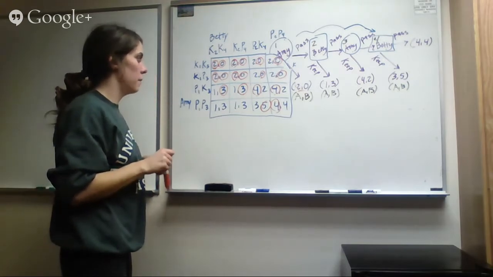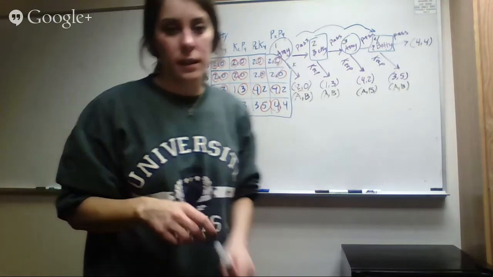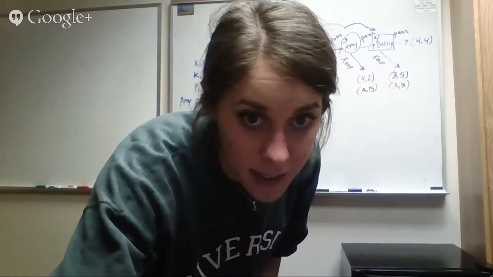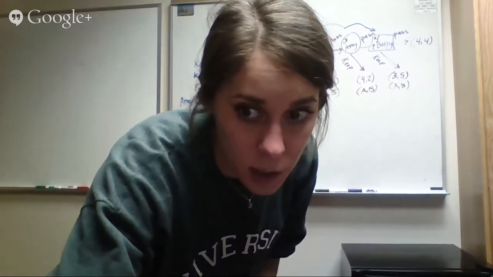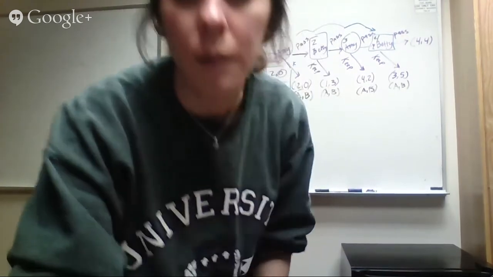Okay, I think the next part of the question is, let's see here. Identify the subgame perfect Nash equilibrium. And I actually had to look this up online because it wasn't in the slides. And I don't have it anymore, so I need to look it up again.